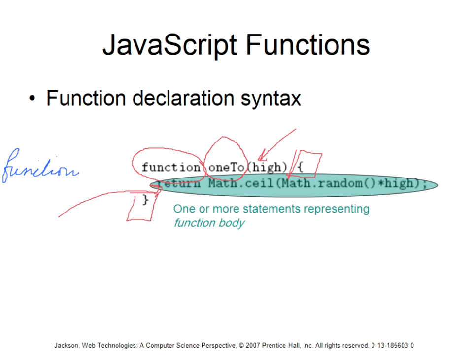Return what? For example, here we will calculate a value based on Math.ceil and Math.random. After that, this value will be returned by this function. Any questions about functions?